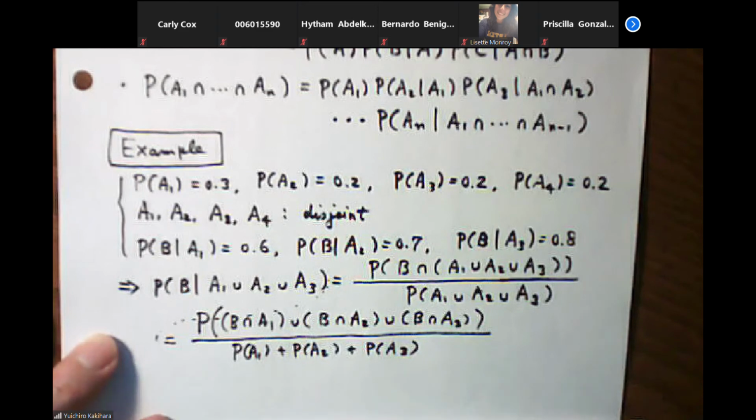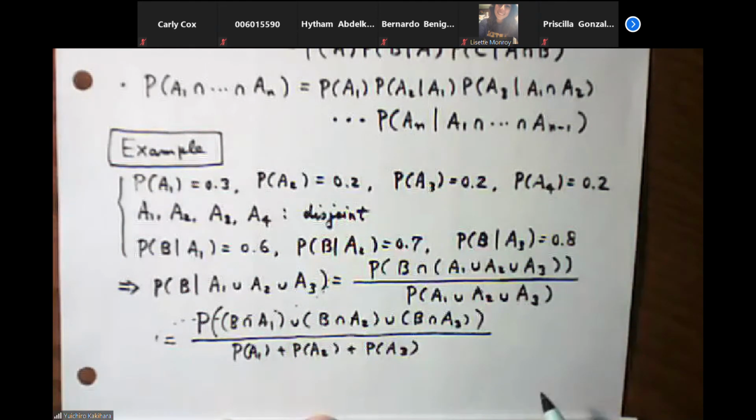One more step. What about these events: B intersection A1, B intersection A2, B intersection A3? Are these three events disjoint?